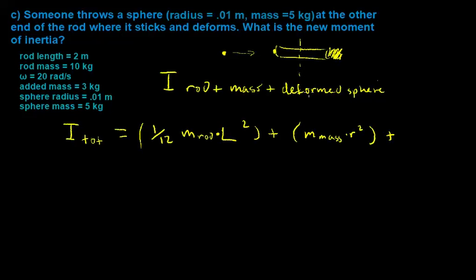And then we have the deformed sphere. The thing about this that people often get confused about is that this sphere, if it were rotating on its own, would have its own moment of inertia, the moment of inertia of a sphere. But what we have is that it sticks to our rod and it deforms.